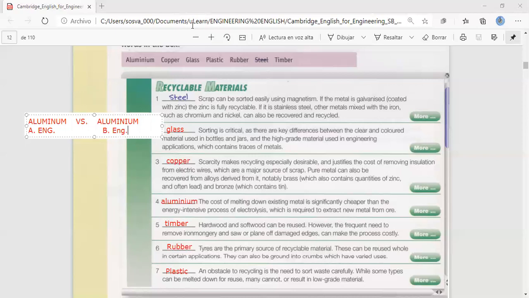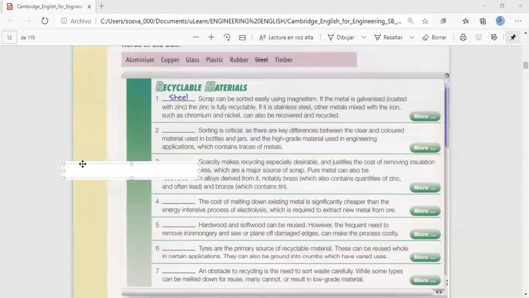Now, let me erase this. And let's make a little bit more vocabulary as an extension activity, okay? So for example, let me write down here just 3 more examples.